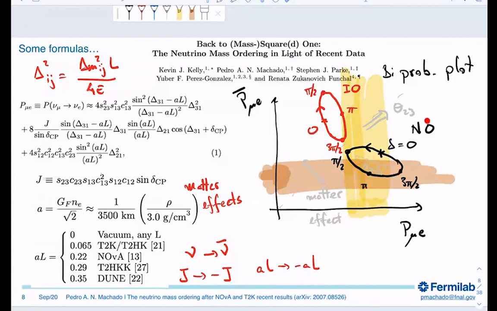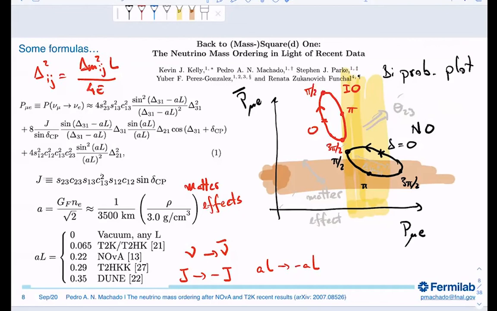Now you can actually tell the hierarchy, you can say something about the octant of theta 2 3, and you can say something about delta CP. That's why this biprobability plot is so important to understand: it conveys what the experiments are measuring and how that translates into delta CP, hierarchy, and theta 2 3 octant.